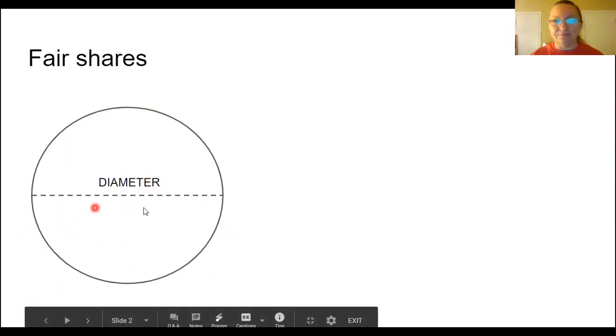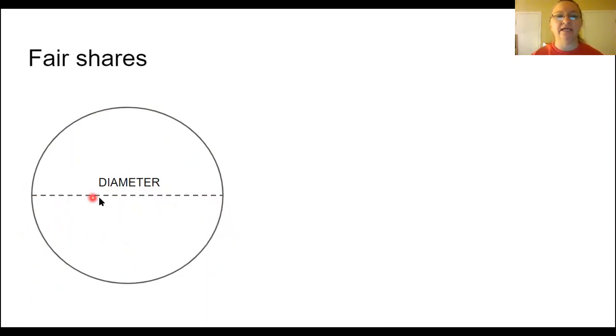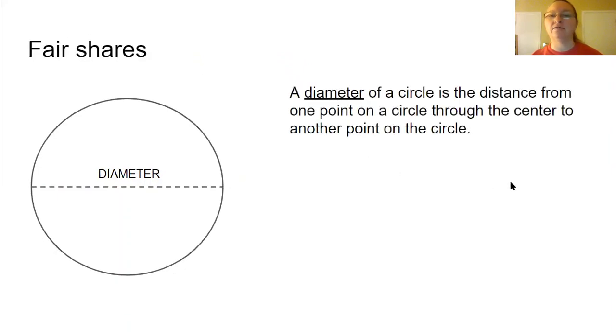And a diameter is a line segment that goes through the center of the circle. It goes from one side to the other. Dia means through, and so this is a measurement that's going right through the center here, and that's going to be the longest. The diameter of the circle is a distance from one point on a circle through the circle to another point on the circle.